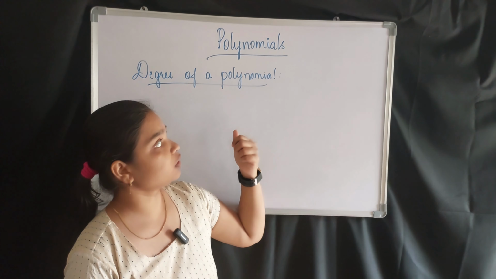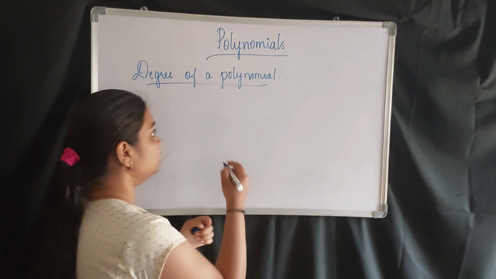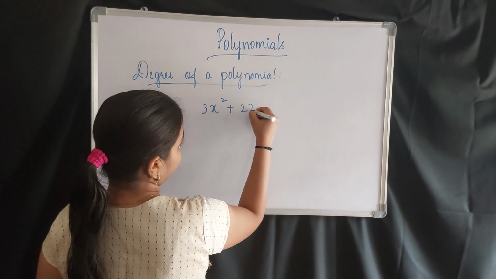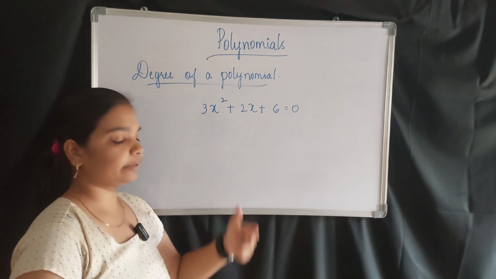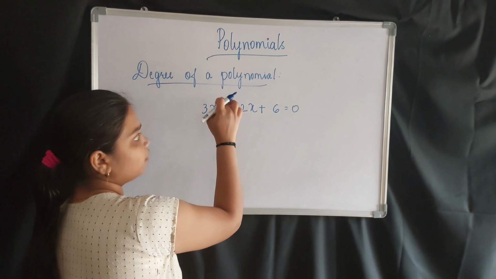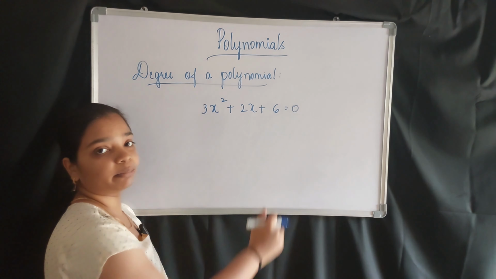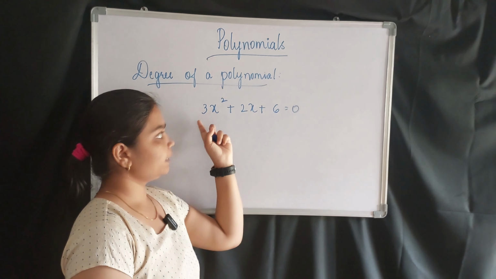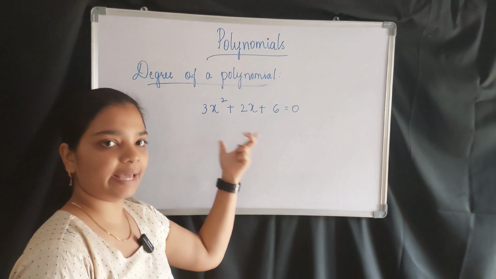Our next concept is the degree of a polynomial. Suppose, for example, let us take the same thing, 3x square plus 2x plus 6 is equal to 0. We have a quadratic polynomial because the power is 2. Now, what is said to be the degree of a polynomial from here? It is a polynomial of variable x.